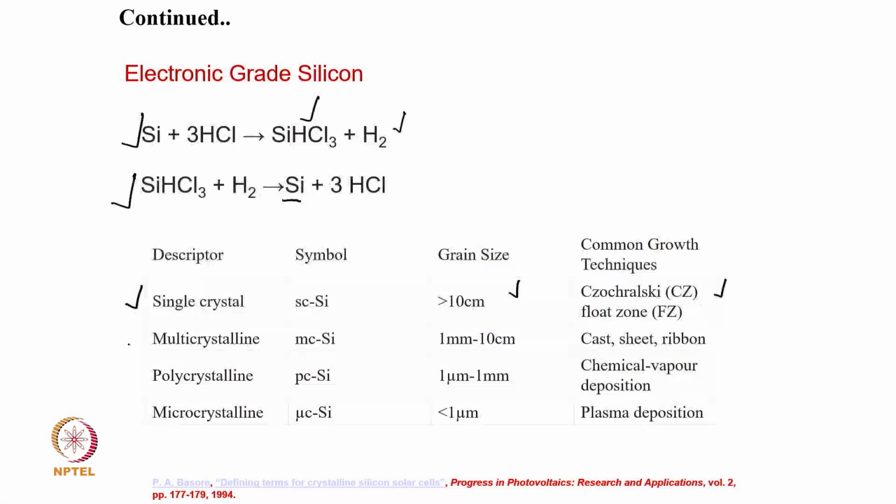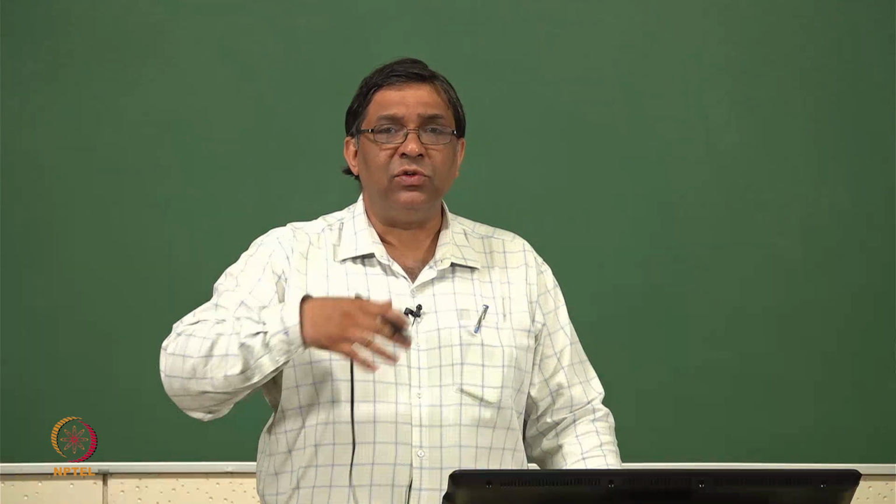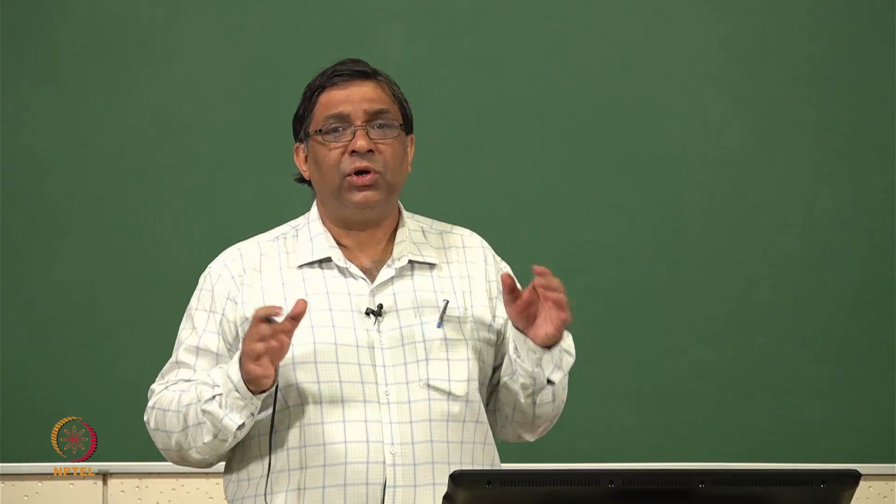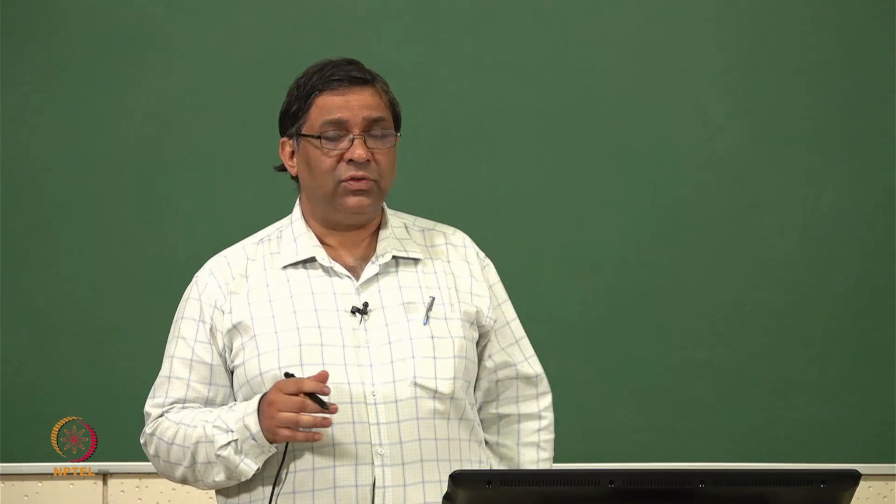Okay, or one can have multicrystalline silicon or MC silicon with little less grain size. Okay, this can be made by common techniques which are used by casting, or one can make a ribbon type of multicrystalline silicon.